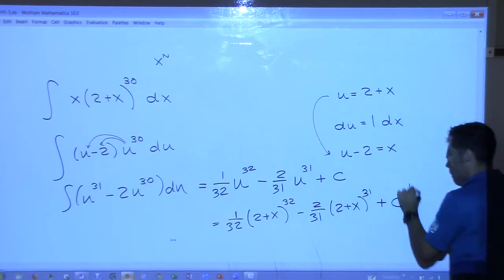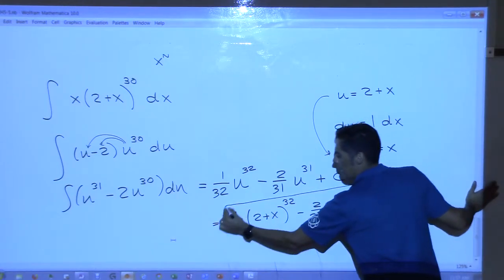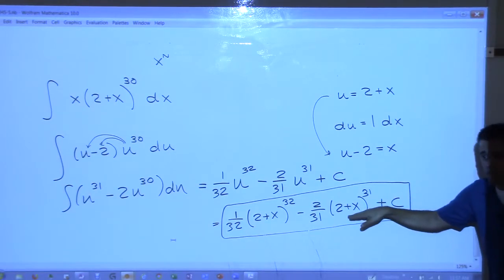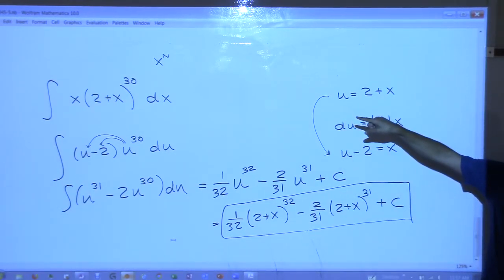There it is. That is the antiderivative of x times 2 plus x to the 30th power. That means if we take the derivative of this, we should get that.